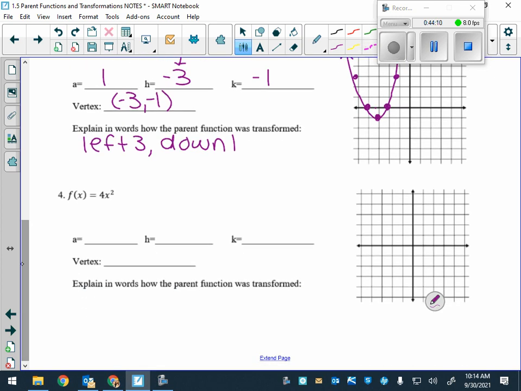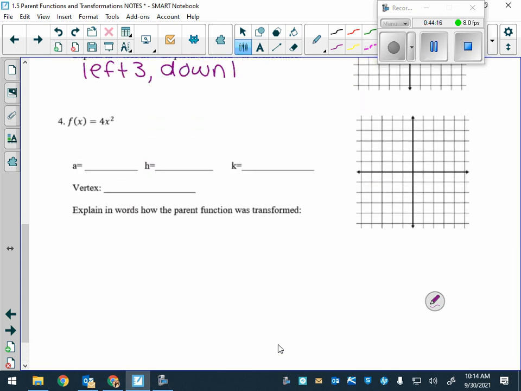So now we get to f of x equals 4x squared. And this is where we're going to stop today. Okay. What is my a value? 4. What's my h? 0. Okay. Therefore, vertex 0, 0. What's happening?